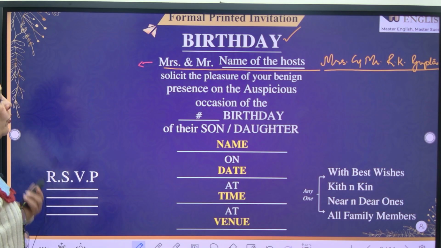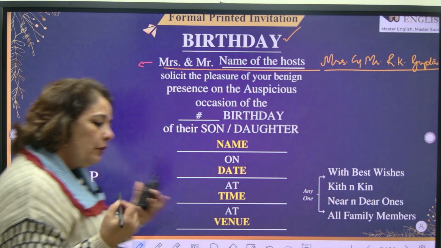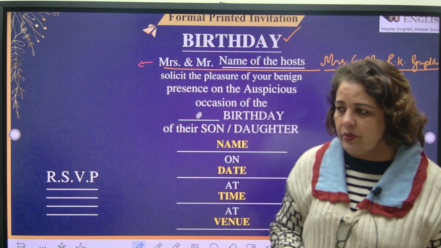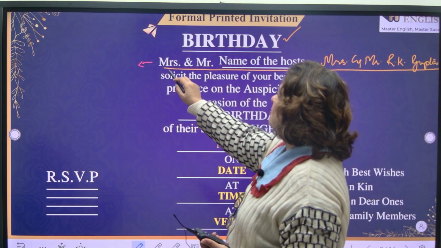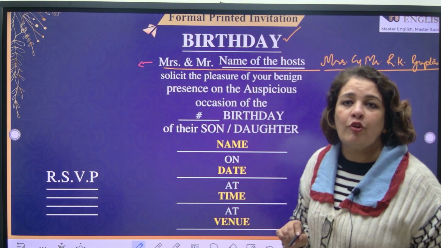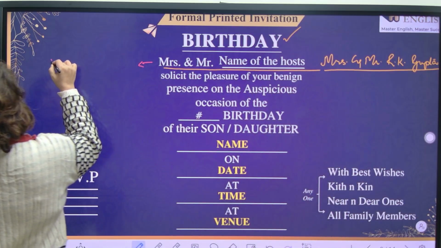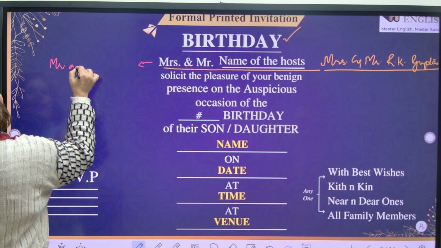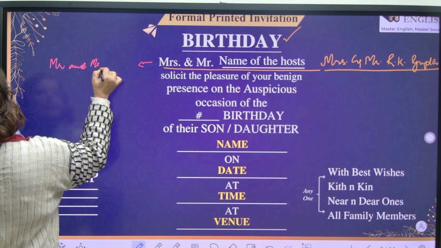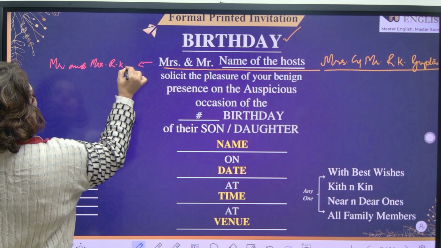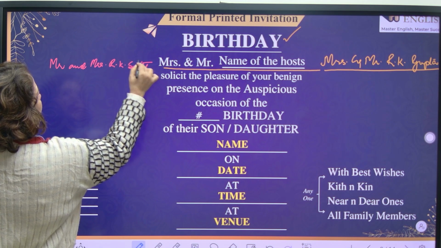I wanted to tell you. You know, I give the questions to the students and I always write Mrs. and Mr. whenever I tell them the format. But whenever they are writing the answer, they always write this way: Mr. and Mrs. and then they write R.K. Singh, whatever the name is.